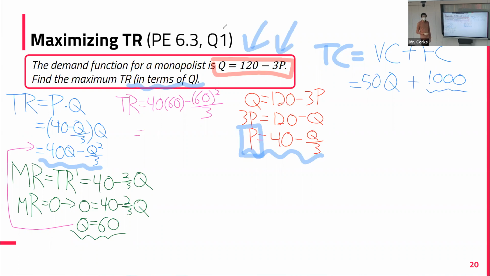And we get a number. We have a common factor of 60, however we want to solve it. The result here is 2,400 minus 1,200, so 1,200. So there is the actual maximum total revenue, and we found that based on this Q value of 60.